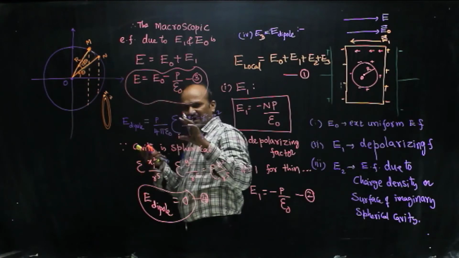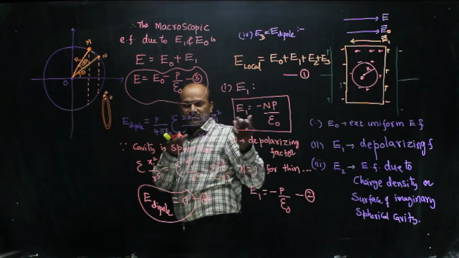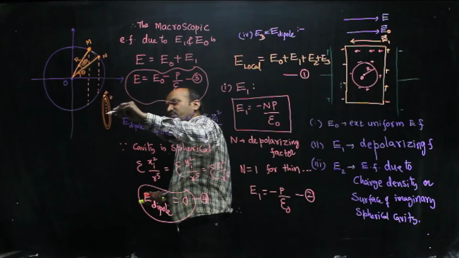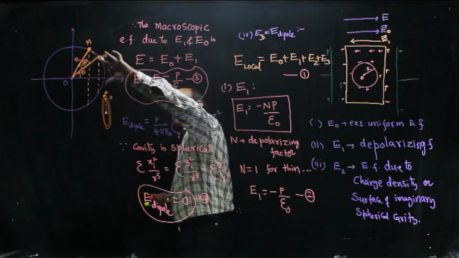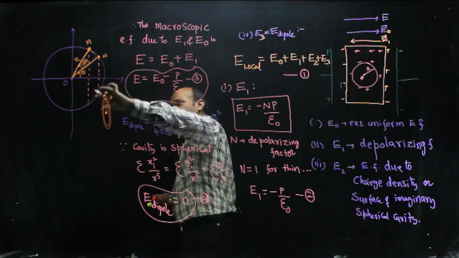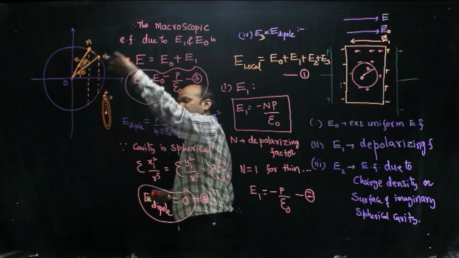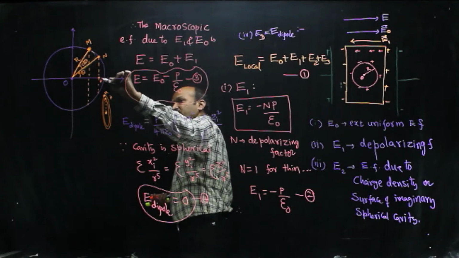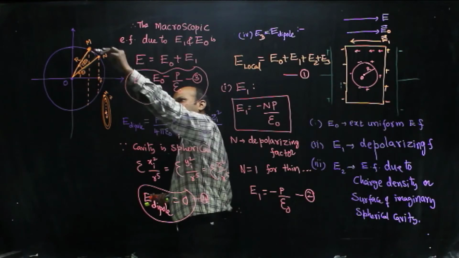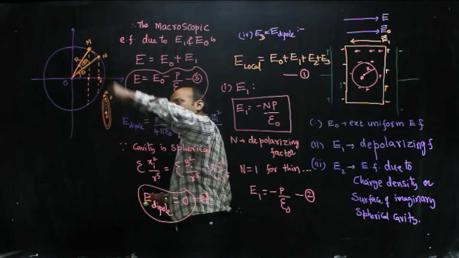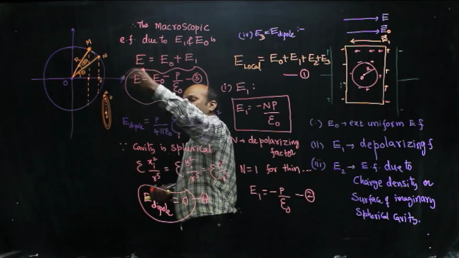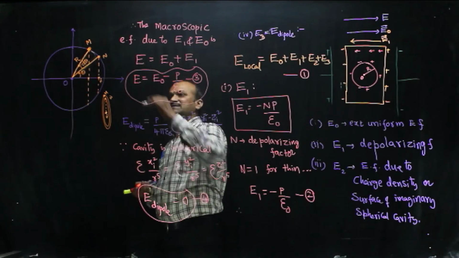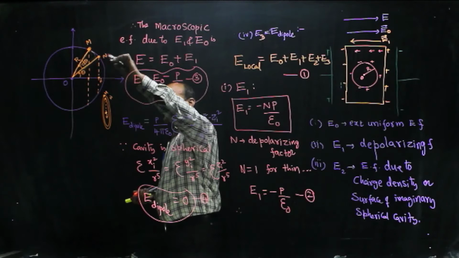Because the cavity we are taking is of smaller size, when you rotate it you get a spherical shell, and its radius becomes NN dash. Of course, the point MM dash may also become the radius, but to make our calculations a little easier, we take NN dash as the radius.